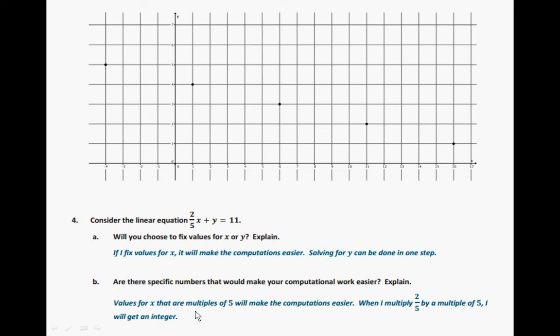Well, values that are multiples of 5 would make the computation easier. When I multiply 2/5 by a multiple of 5, you will get a whole number integer. Why? Because the 5s, the factors of whatever number you pick, 5 over 5, would create 1. So that would essentially negate your denominator.